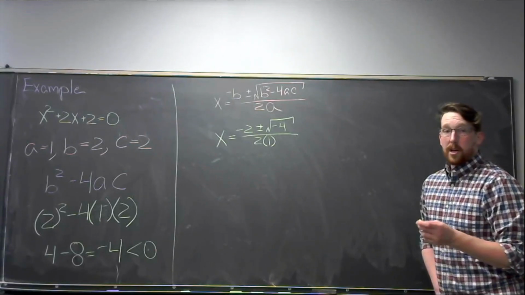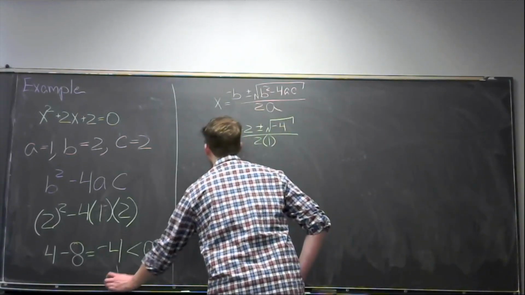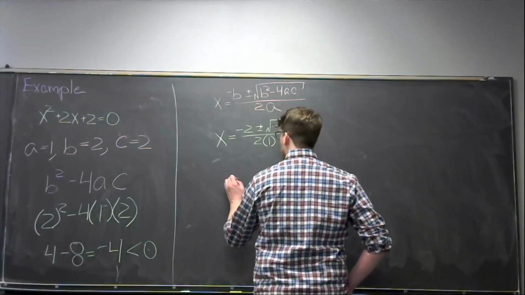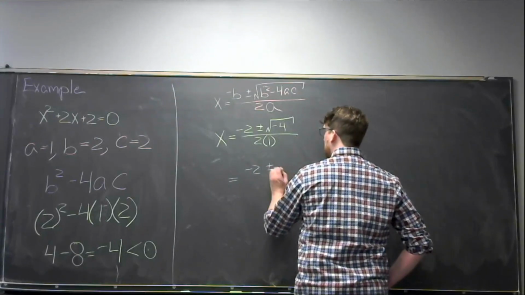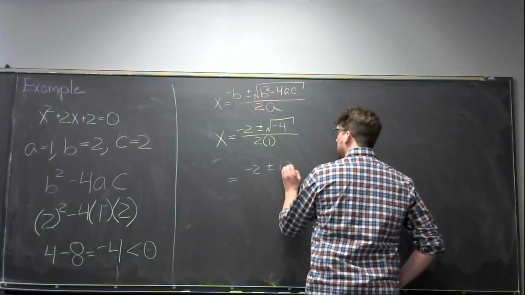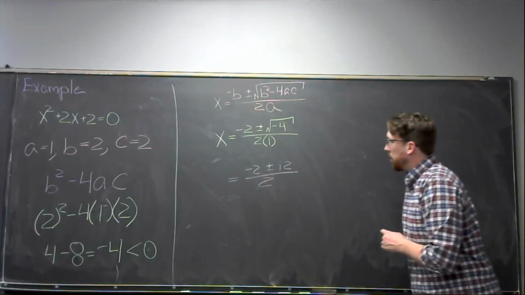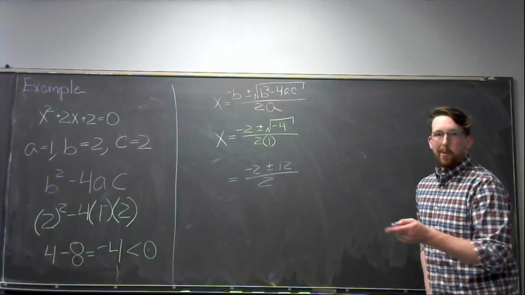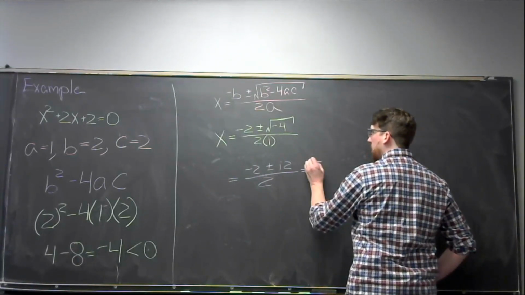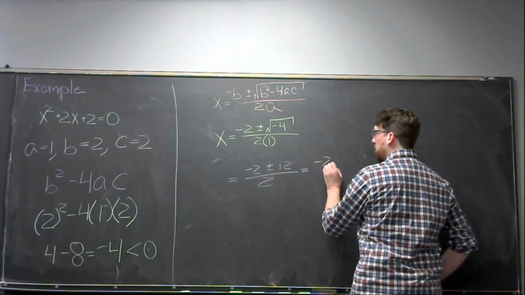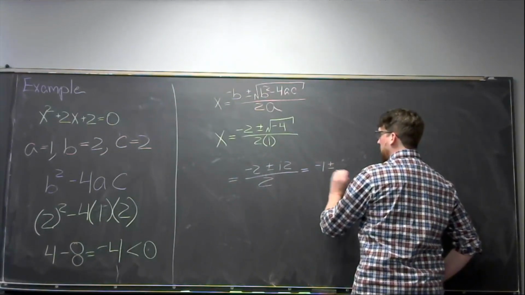All of this comes out to be negative 2 plus or minus i times 2, all divided by 2. Well, we can reduce this down to negative 1 plus or minus i.